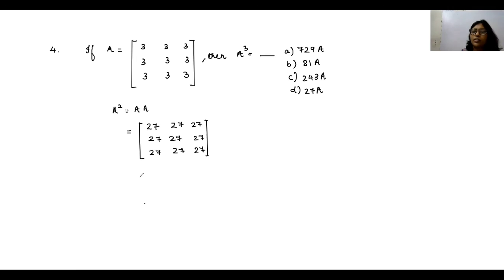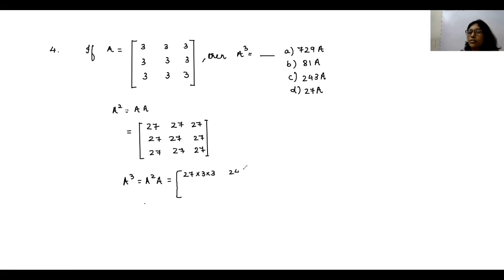And then to find A cube, we will take A square into A. So now we'll multiply A square with this. And that will give us 27 into 3, 3 times. That is actually 27 into 9. Each and every term will be like this.